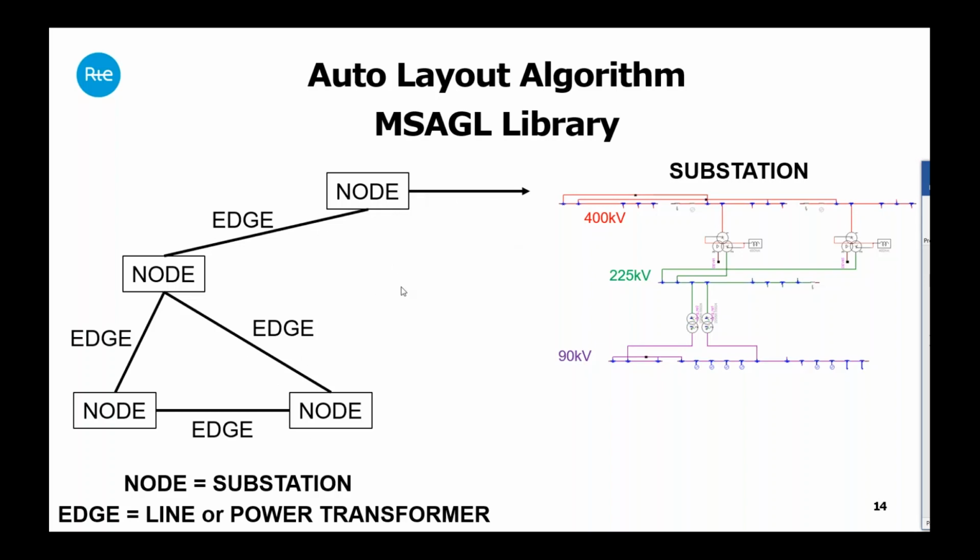In the end, we have coordinates of all substation centers. After that, we build the components inside the substation, with high voltage level at the top and low voltage levels at the bottom. And we leave enough space between each voltage level to insert power transformers, as in the figure on the right.